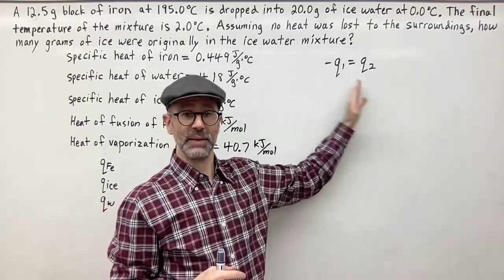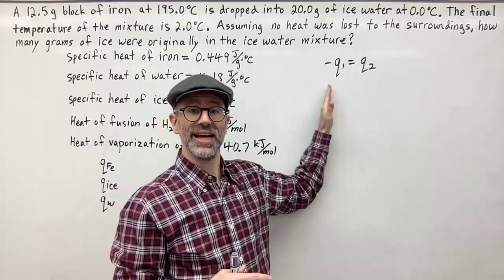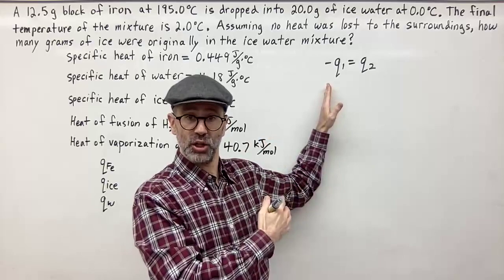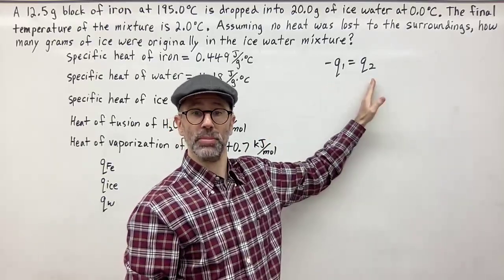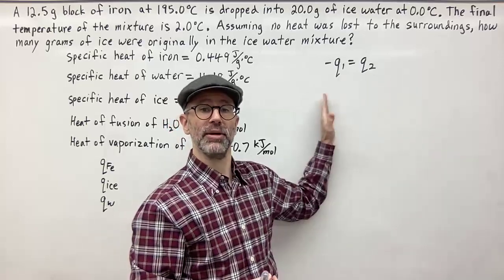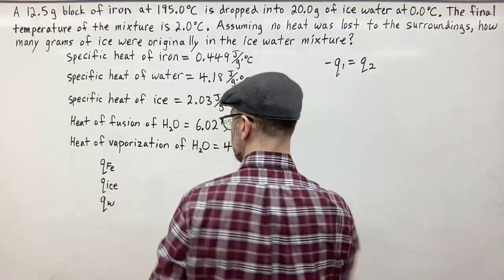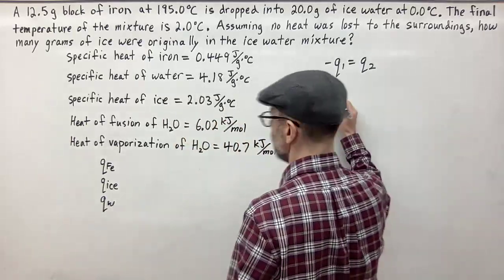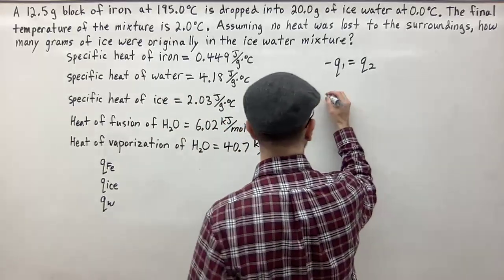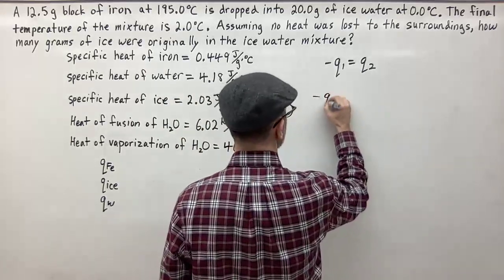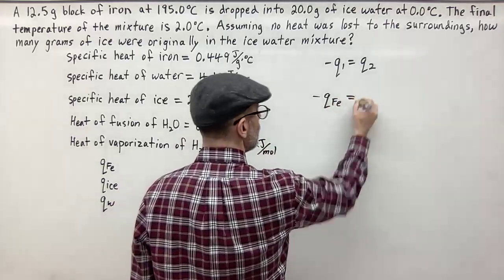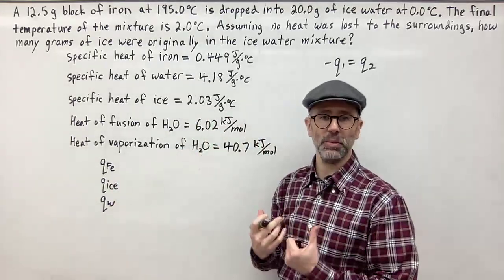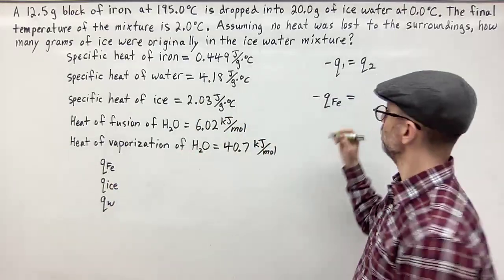Well, you could set up the same thing. You just need to know which side is going to be the losing side, giving away heat, and what's absorbing the heat, and make sure you have them on the right side. So if I was going to set this up, I know the iron block is giving off heat, so it'd be negative QFe, and the other two are absorbing the heat, so they would be on the other side, on the plus side.